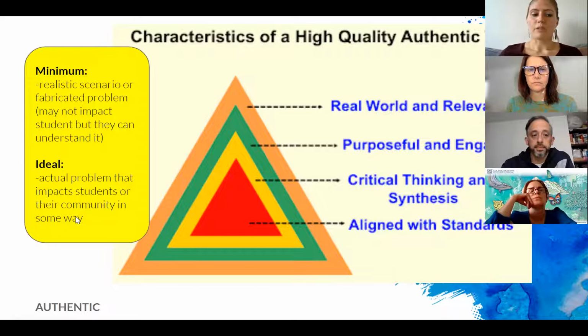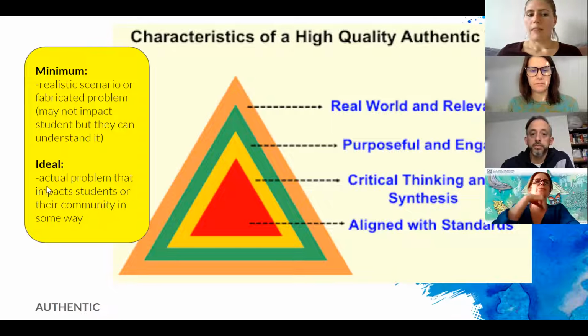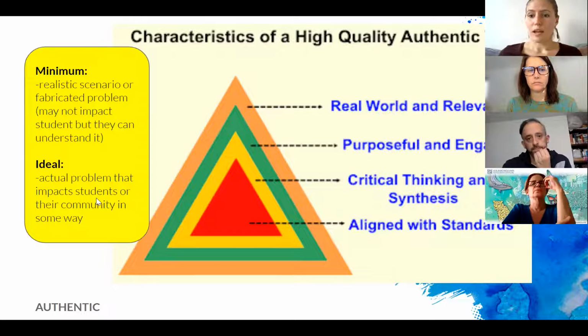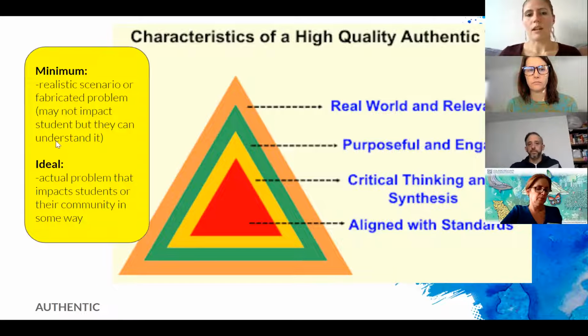Ideally, you want problems that are actual problems that impact the student and people that they care about in the community or in the world in some way. And that's where you can possibly pull from things like the Sustainable Development Goals. You can pull from, again, Azalea's idea, we have this problem with communication in the assembly or something like that. You pull in something that is real world, you connect it to the standards and skills, and then that gets the whole ball rolling.